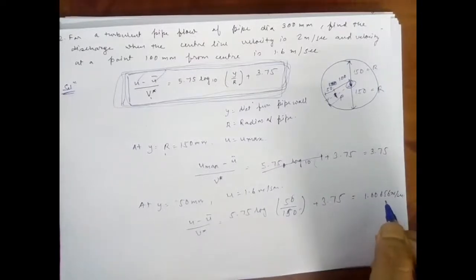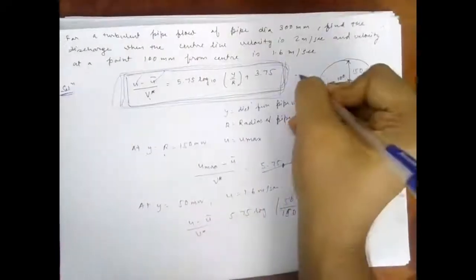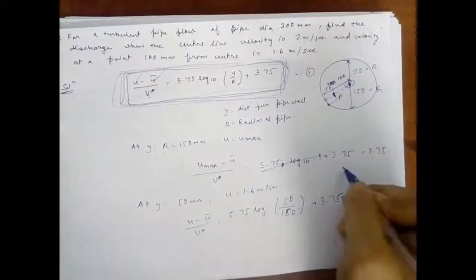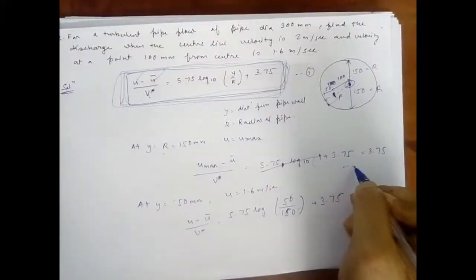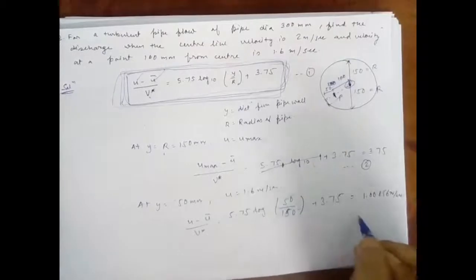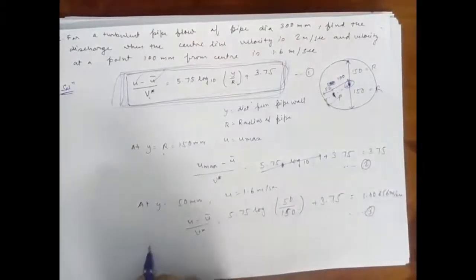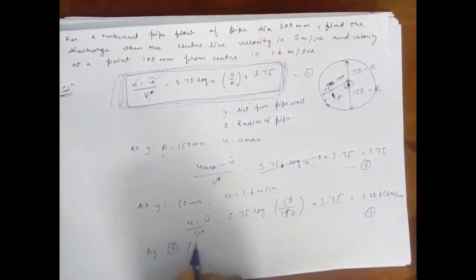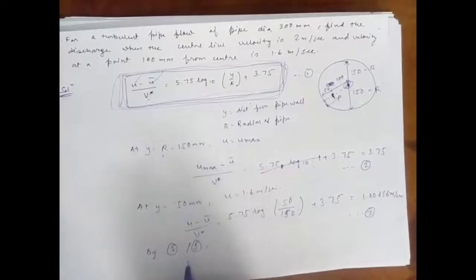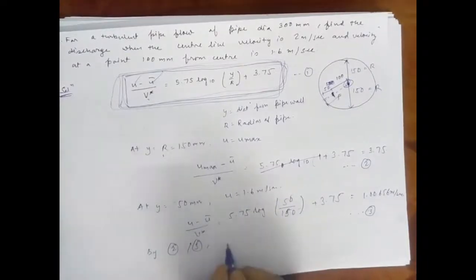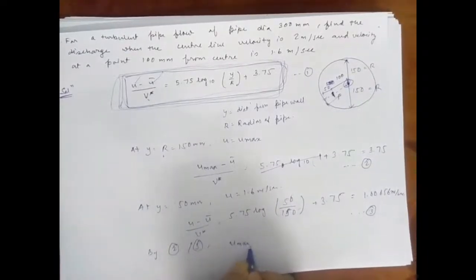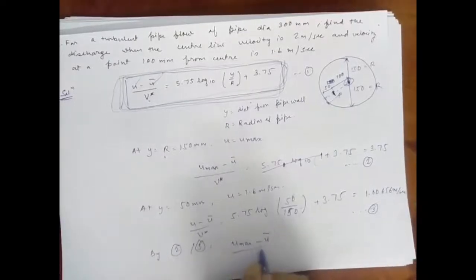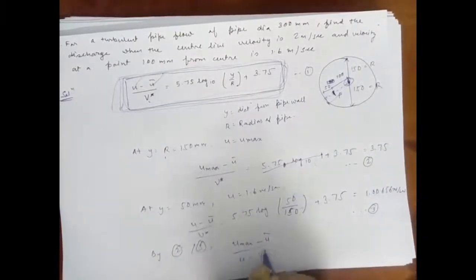So let us consider that this is our equation 1, this is our equation 2, and this is our equation 3. By 2 upon 3 we will have (u max minus u bar) upon (u minus u bar).